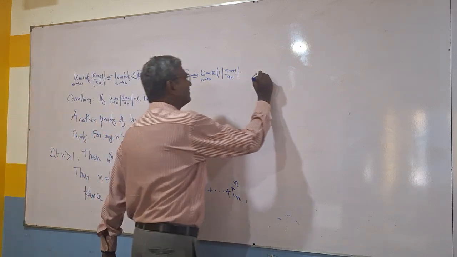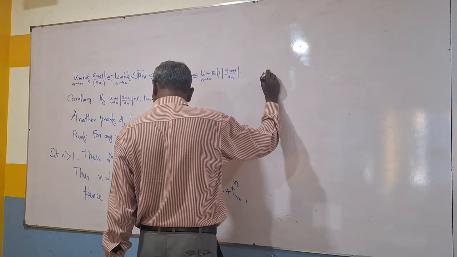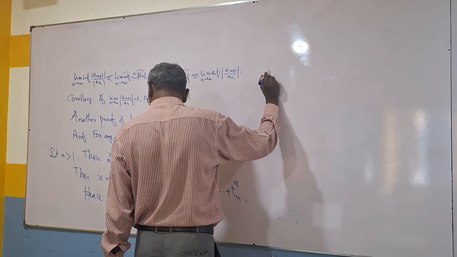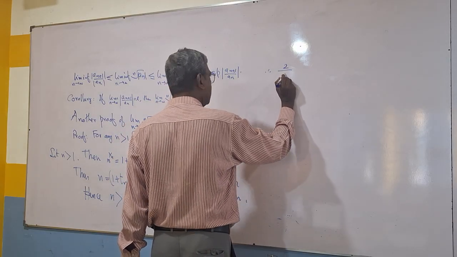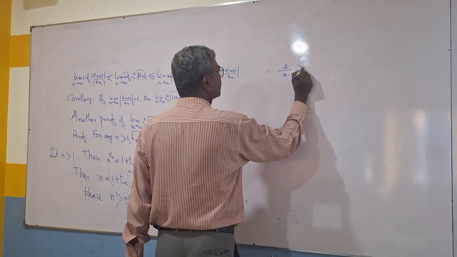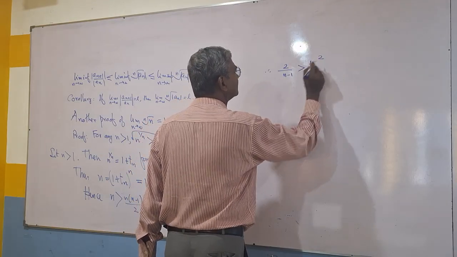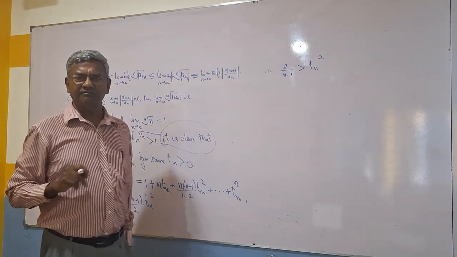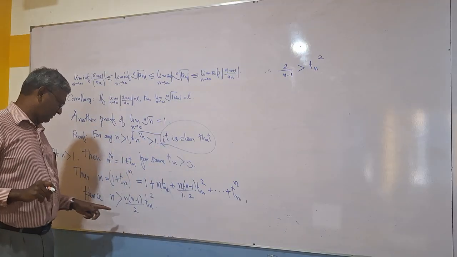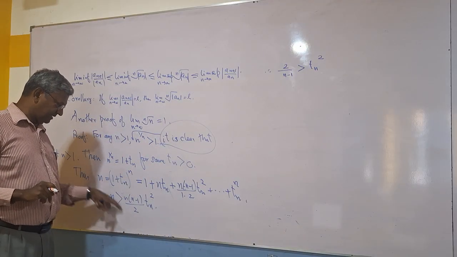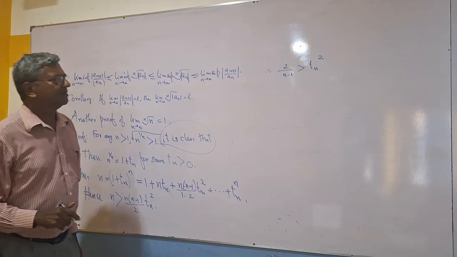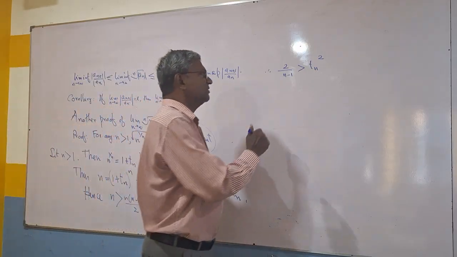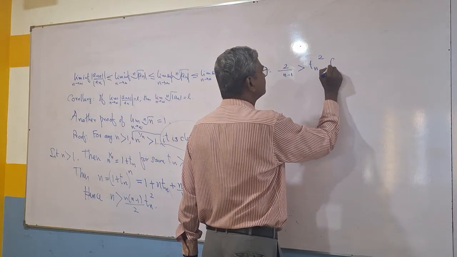Therefore we get 2 over n minus 1 is strictly greater than Tn squared. Yes, you can cancel this n with this n, then you get n minus 1. This is true for any n greater than 1.